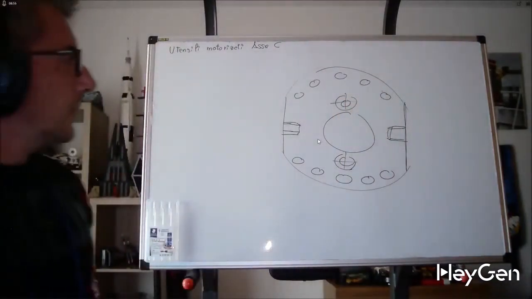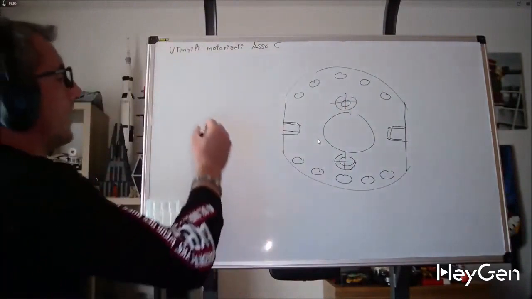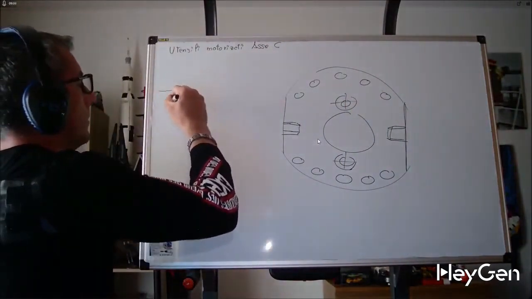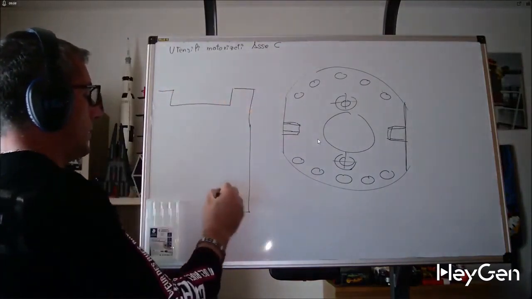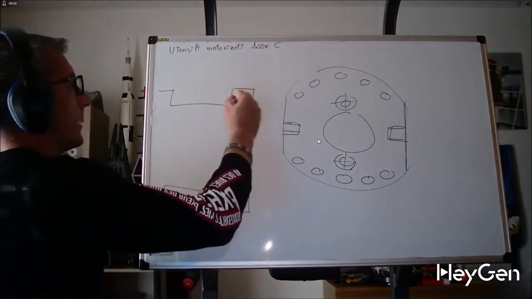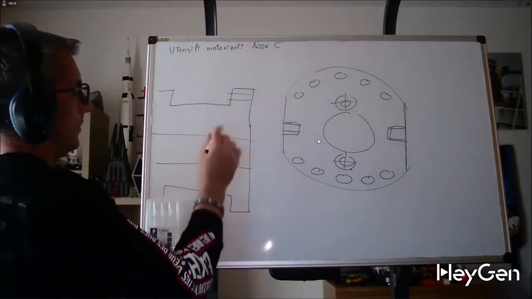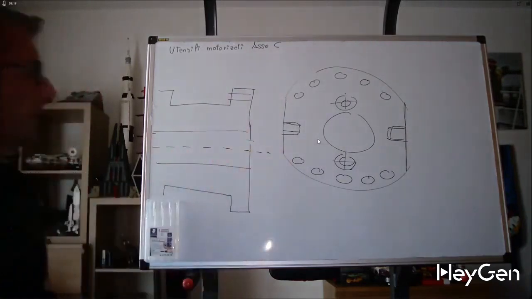Now let's draw this piece seen from the side. It's something like this. So there is also its own share of turning, because it has to be dug out.